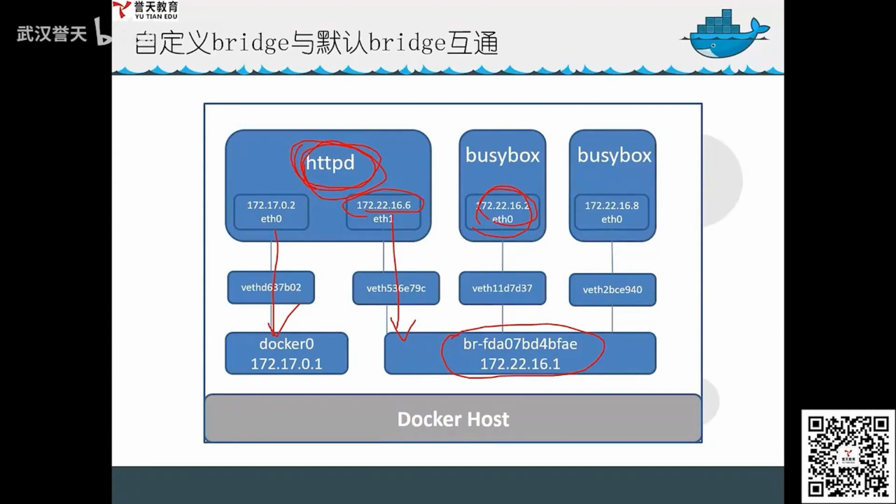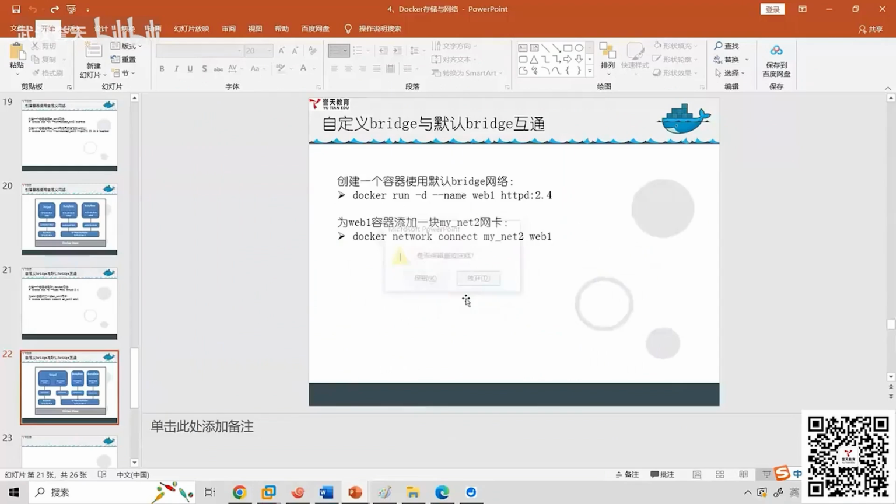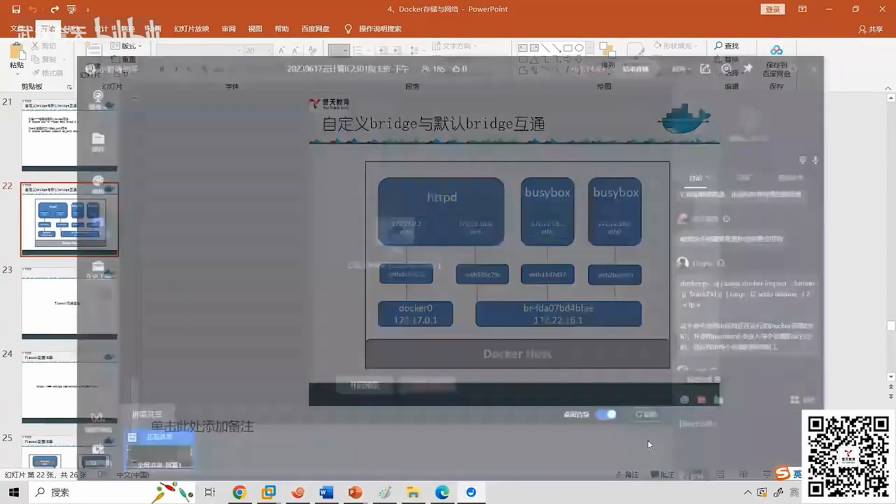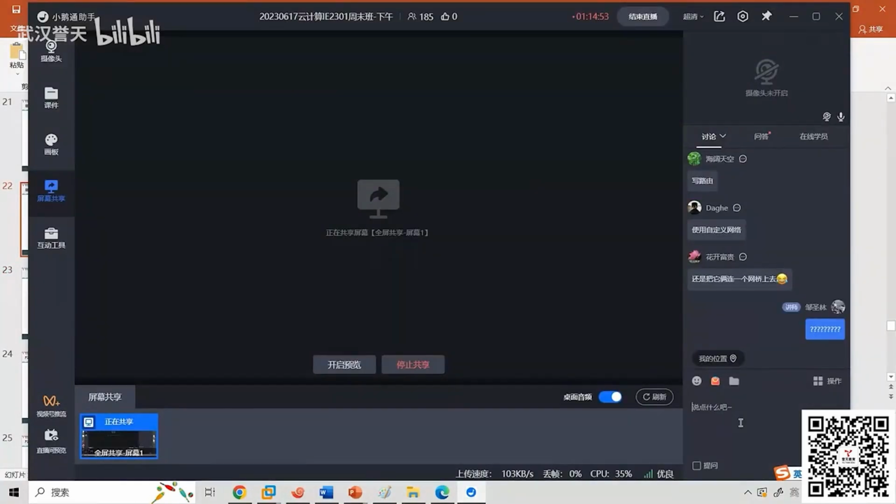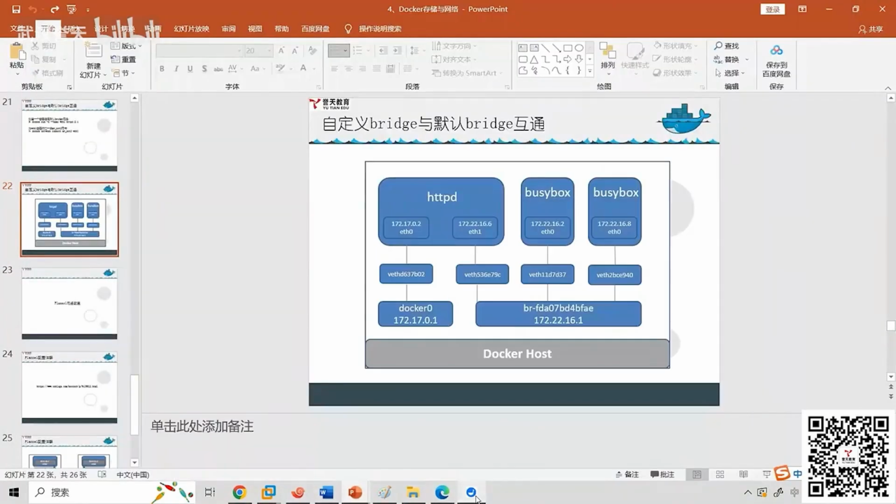Question 1. Can containers communicate across hosts? That is, I am now on one host. If I have two hosts, these physical machines, and there is another physical machine, when I use docker0, the other physical machine will also have docker0.